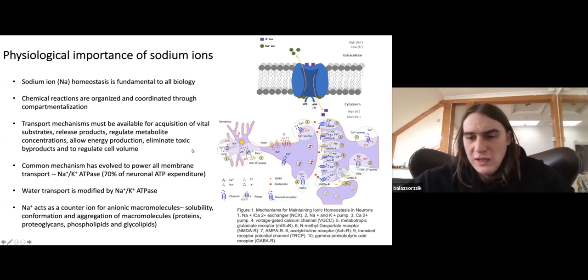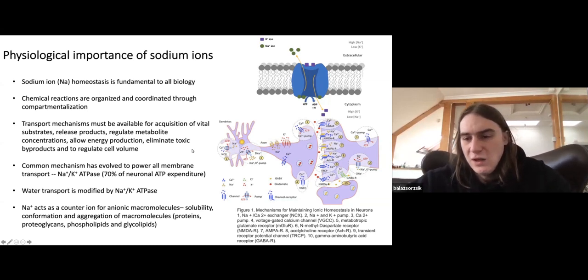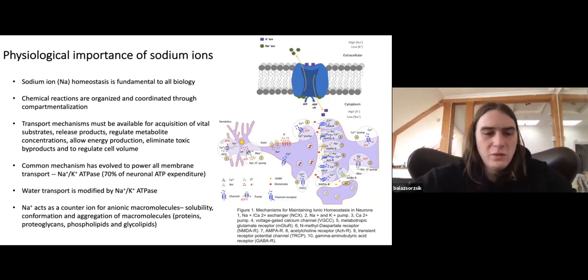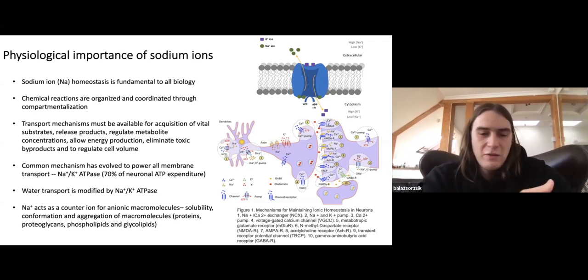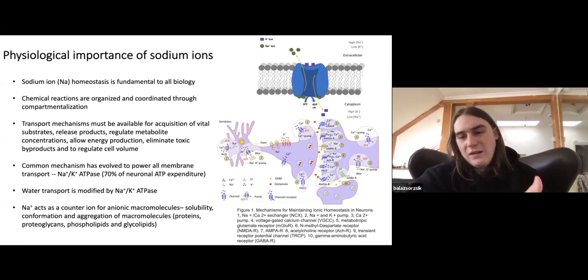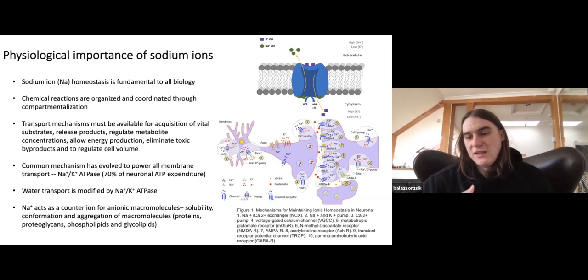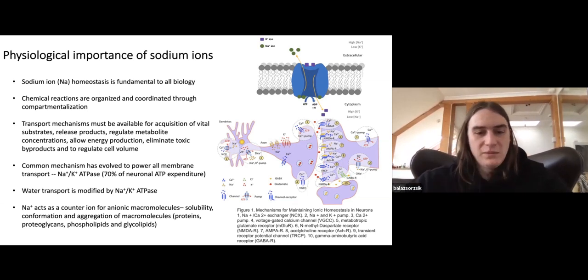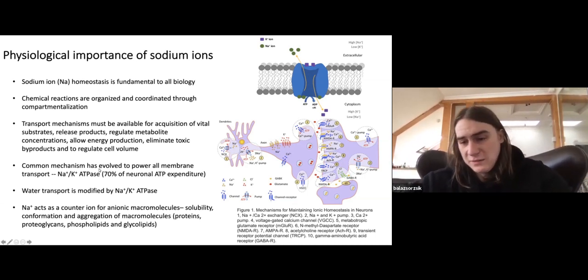Also it indirectly affects cell volume, because water passes through aquaporin channels as it tries to balance the ionic concentrations, and those ionic concentrations are set by the sodium-potassium ATPase.